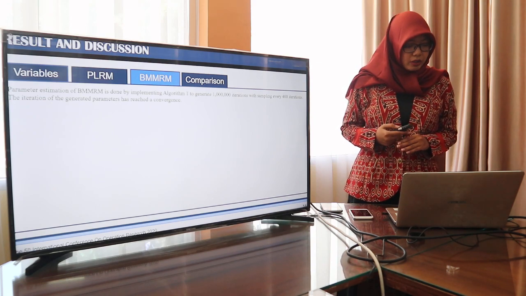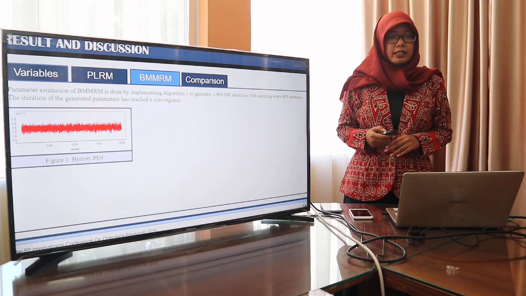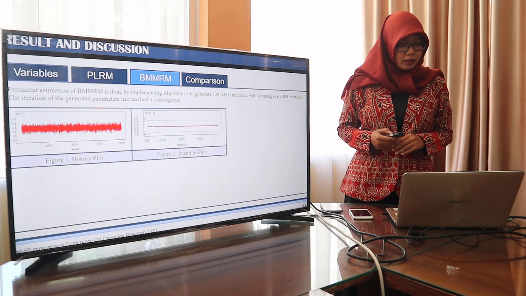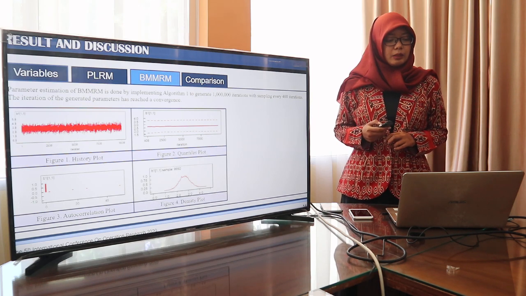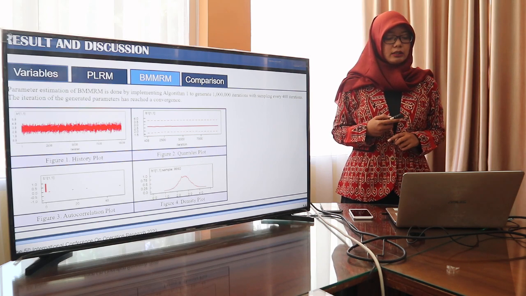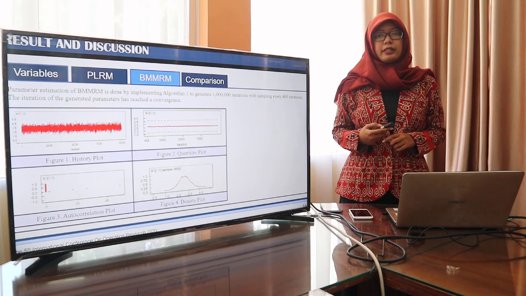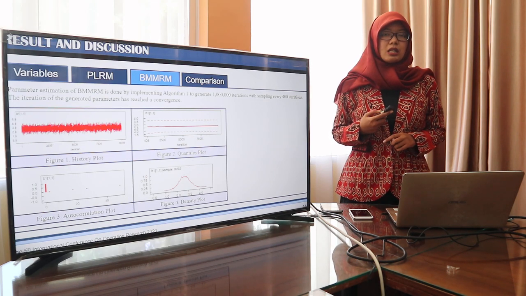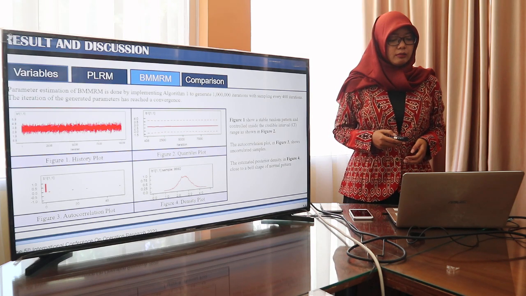The iteration of the generated parameters has reached convergence. For example, here are the history plot, quantile plot, autocorrelation plot, and density plot of the x1 variable. Based on these plots, we know that convergence of iteration has been reached because they show that the properties irreducible, aperiodic, and recurrent have been fulfilled.